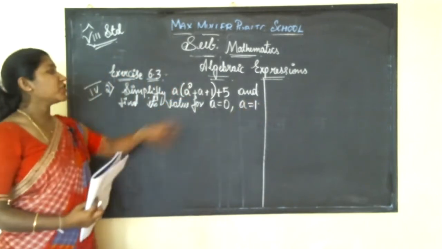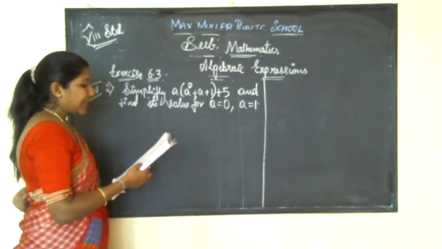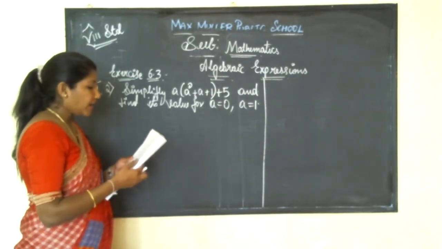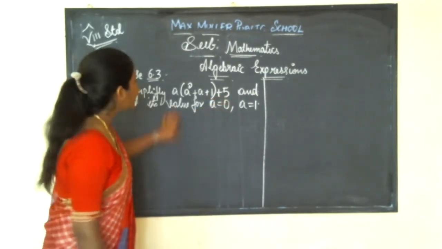Here an expression is given, that is a into (a square plus a plus 1) plus 5. So how will you solve this problem?